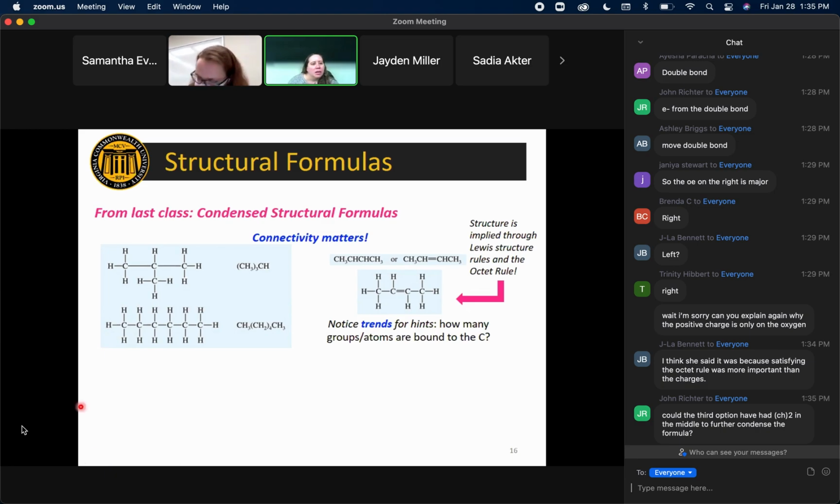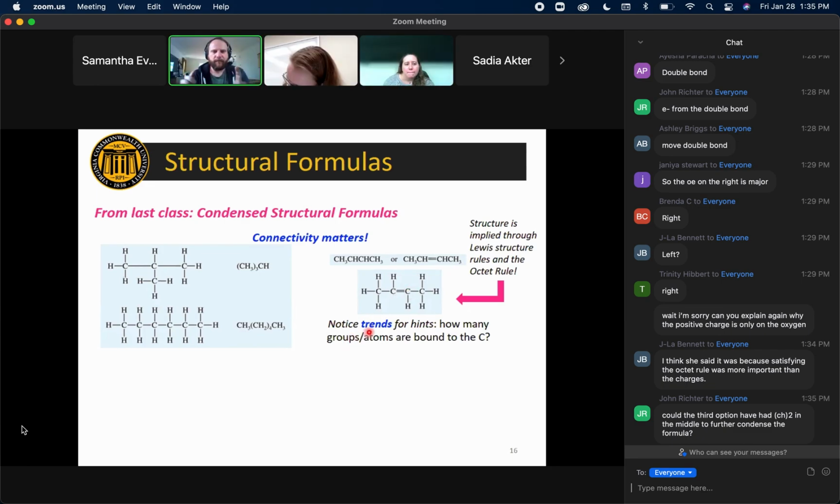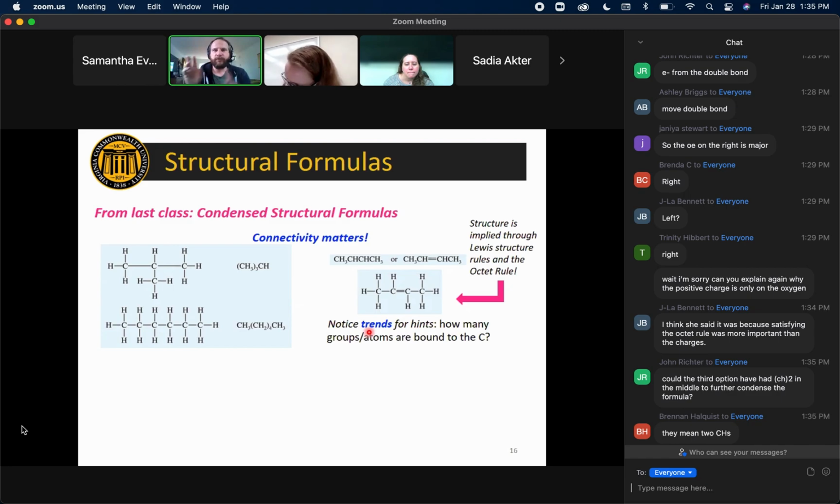that you see. So someone has asked, could the third option have had CH2 in the middle to further condense the formula? I don't think so, because there's no CH2. If you're talking, John, about this molecule, there is no CH2, right? That carbon is just a CH, and this carbon is just a CH. I meant, since there are two CH1s, could they have, like... Oh, I see.